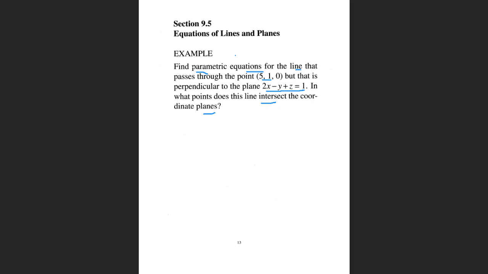We need a diagram. So what I'm going to do here is draw a plane. We know the plane passes through the point (5, 1, 0). Do we know the orthogonal vector to the plane? They give the equation of the plane. Okay, there it is. So what's the normal vector to the plane going to be? What would its components be?